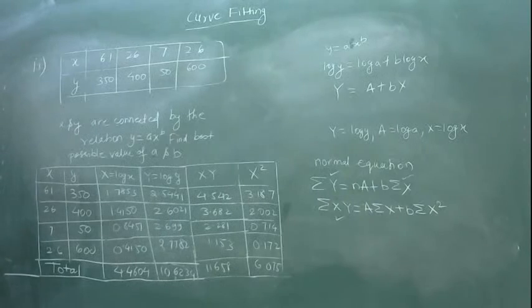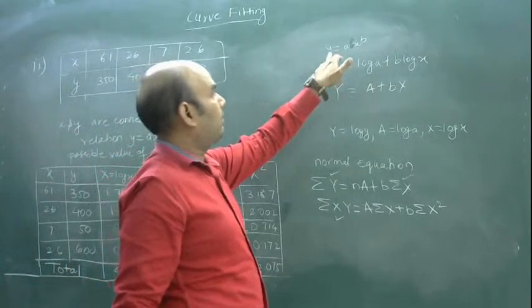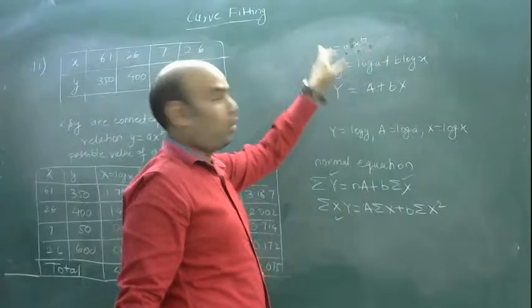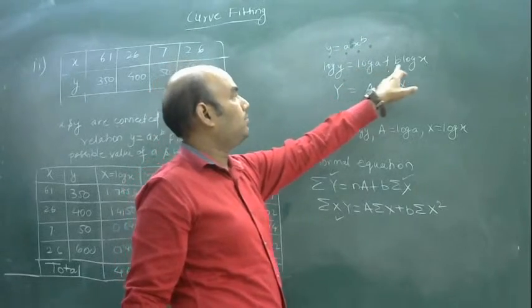So what is given? The curve is given, y is equal to a x to the b. Take log on both sides, log y is equal to log a plus b log x.